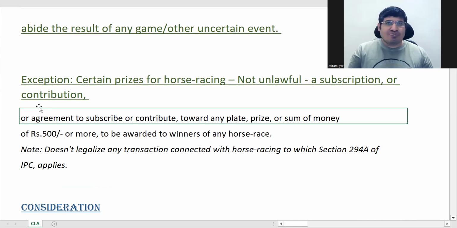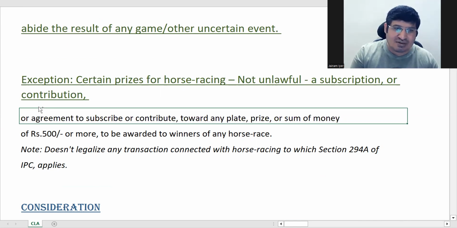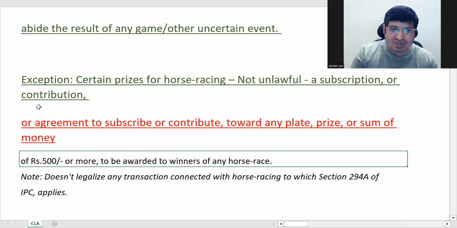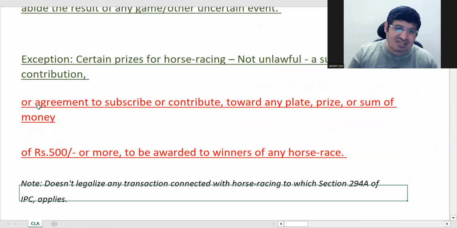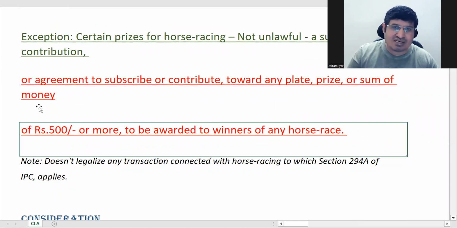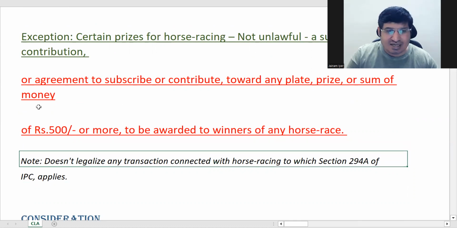So they will tell you that it is lawful or unlawful. Certain prizes of horse racing are not unlawful. Any sum of money of 500 or more to be awarded to the winner, that is fine. That will not be considered as illegal.